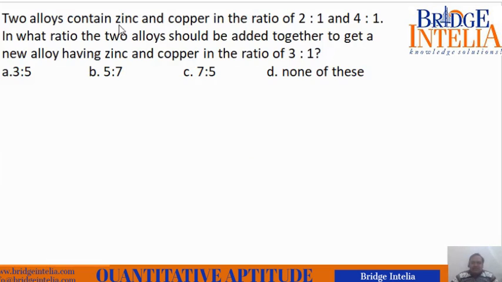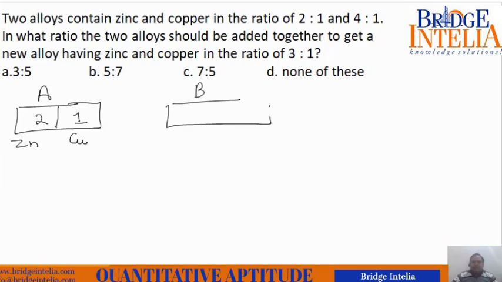Two alloys contain zinc and copper in the ratio 2:1. Let's name the alloys A and B. In A, the ratio of zinc and copper is 2:1. In alloy B, the ratio of zinc and copper is given to us as 4:1.